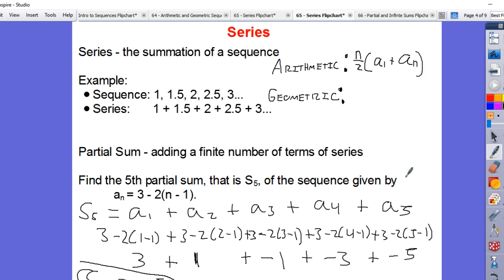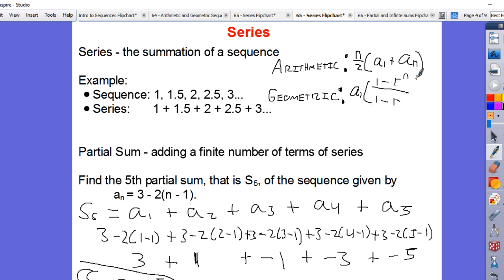All right. Sorry. So an arithmetic series or a partial sum is equal to n over 2 times a1 plus an. And for geometric, that's equal to a1 times 1 minus r to the n over 1 minus r.